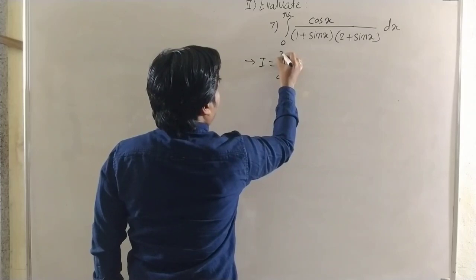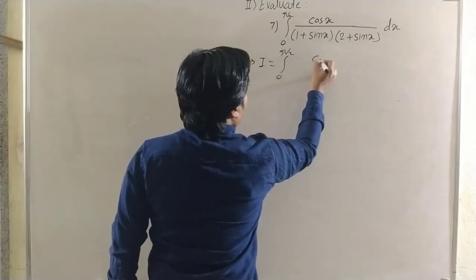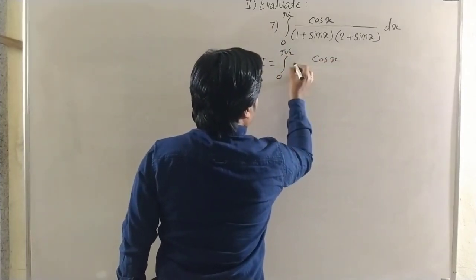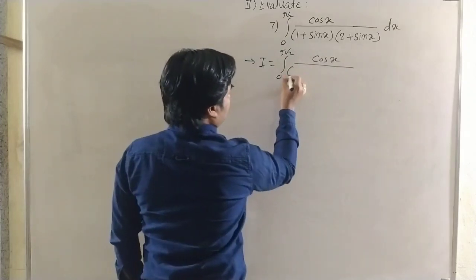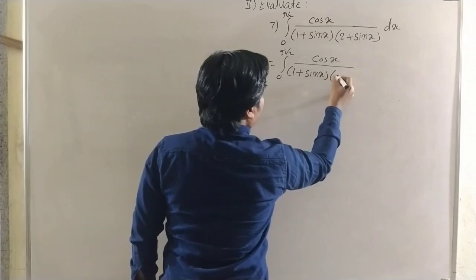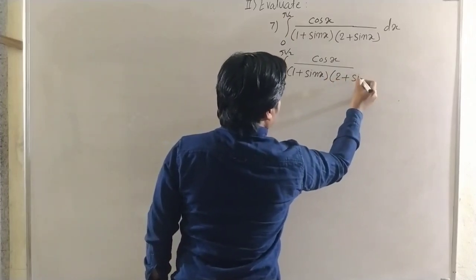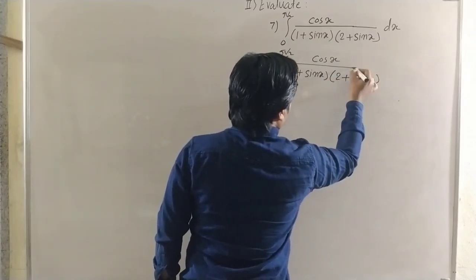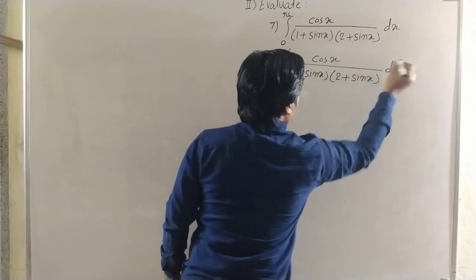integral 0 to pi by 2 cos x upon 1 plus sin x into 2 plus sin x dx.